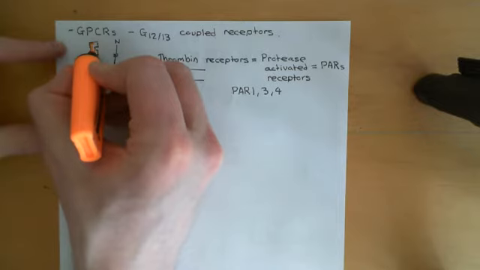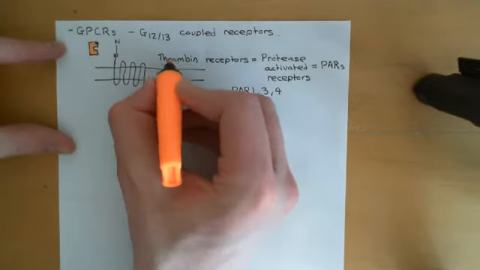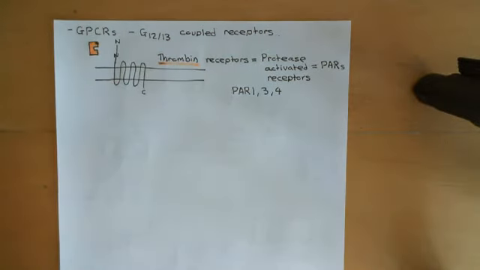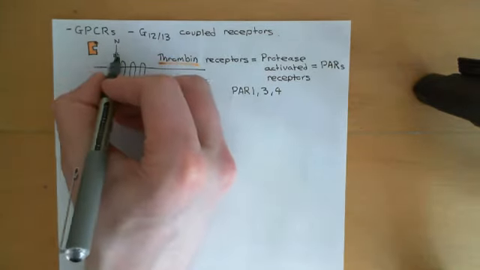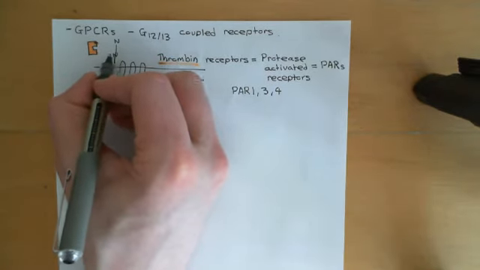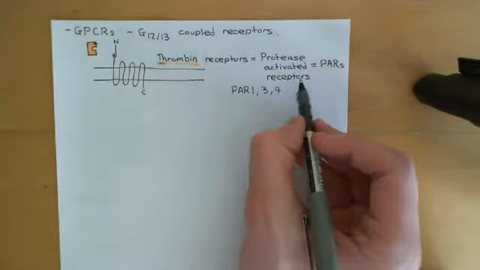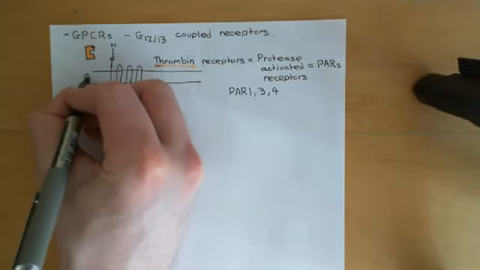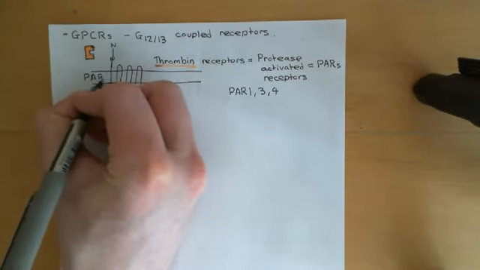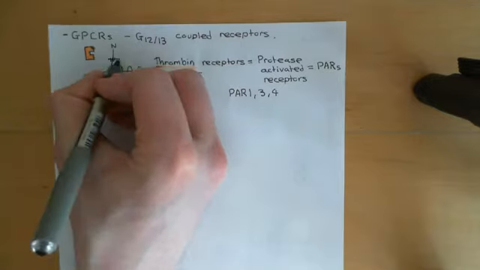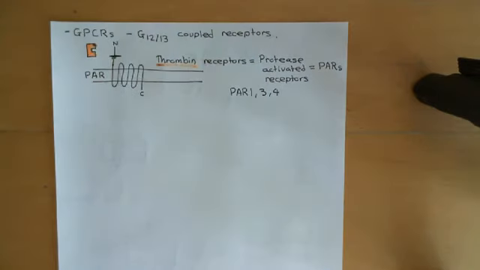Okay, so I'll colour in thrombin in orange here. Okay, so that's thrombin. It's going to cut the N-terminal region of the G protein coupled receptor, of this protease activated receptor. So this is now a PAR receptor here. Okay, and basically what's going to happen is thrombin is going to cut the N-terminal domain of the PAR receptor.